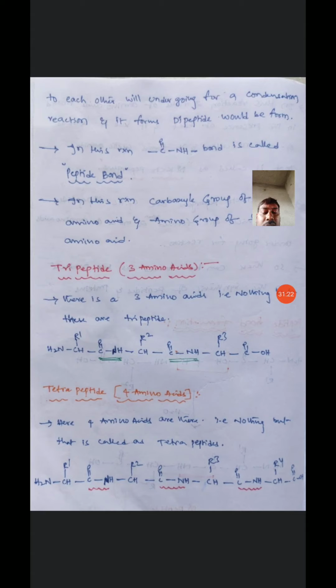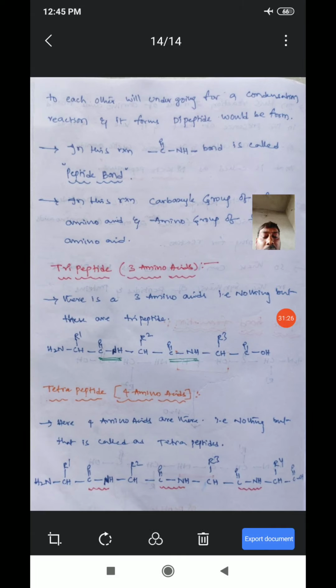Next, tetrapeptides are 4 amino acids. In this reaction, 4 moles of amino acids undergo condensation reactions and form a tetrapeptide.